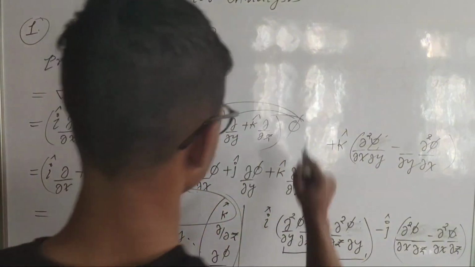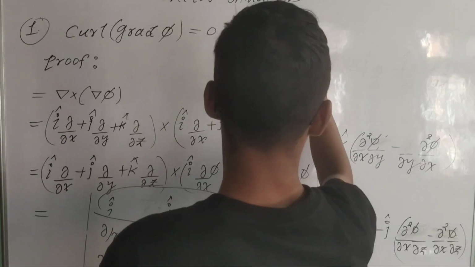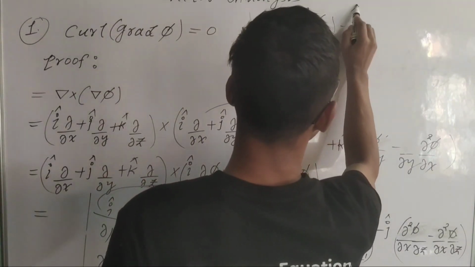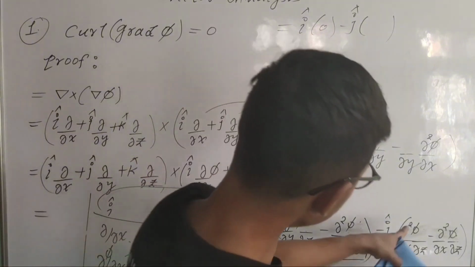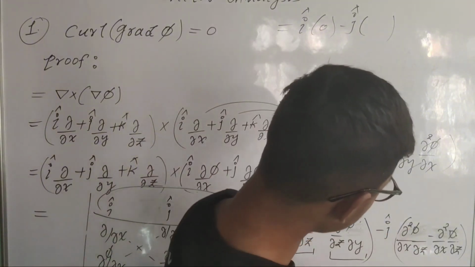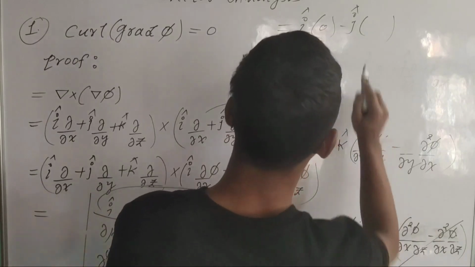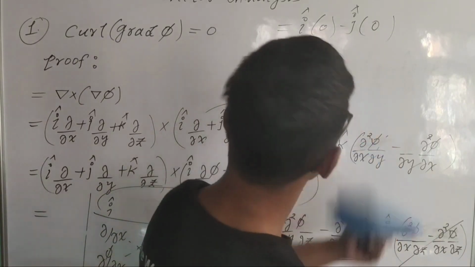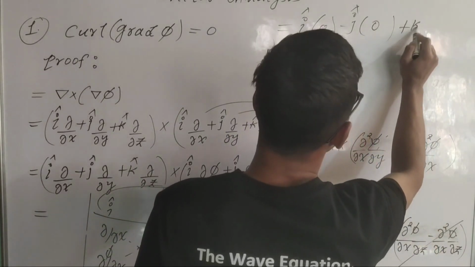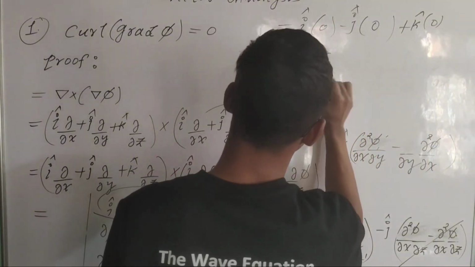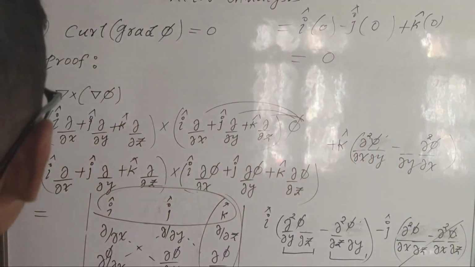So this is equal to 0. I cap times 0 minus j times del to phi by del x del z minus del to phi by del x del z. These also cancel out and the value will be 0. Similarly, this is also 0. So 0 multiplied by 0 is 0.